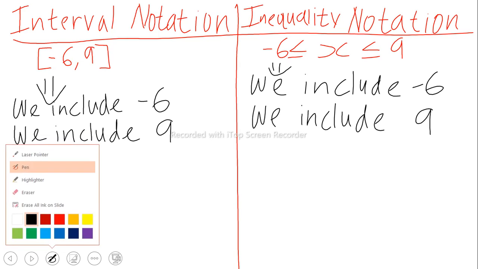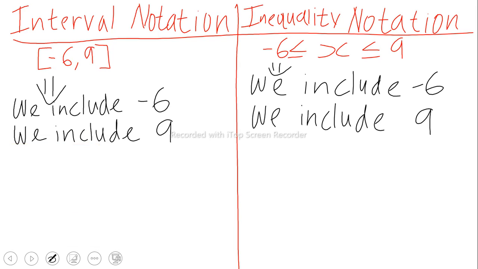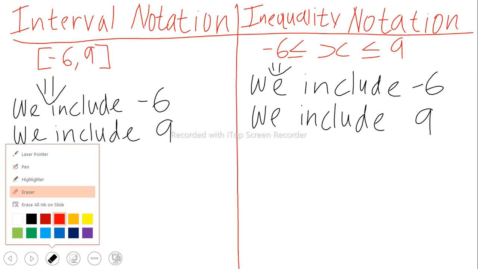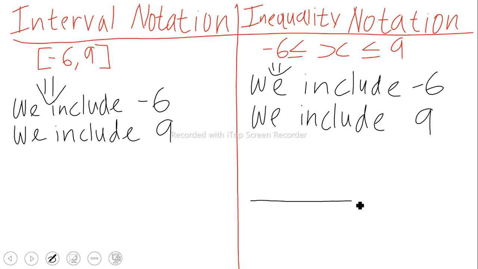Let's begin with the inequality notation side. On this side, we draw the x-axis. We have the 0 in the middle. We want -6, let's say that's there, and +9, let's say that's there.